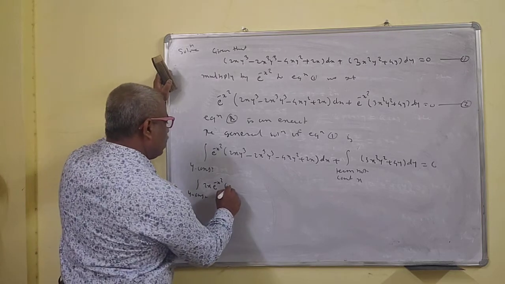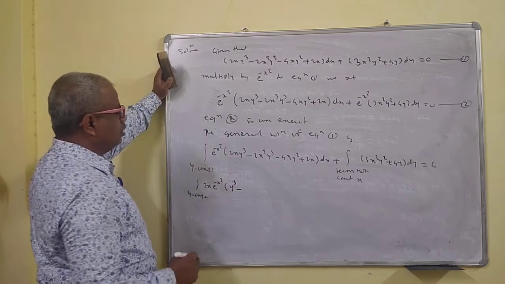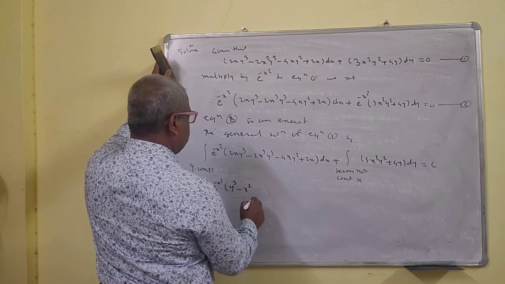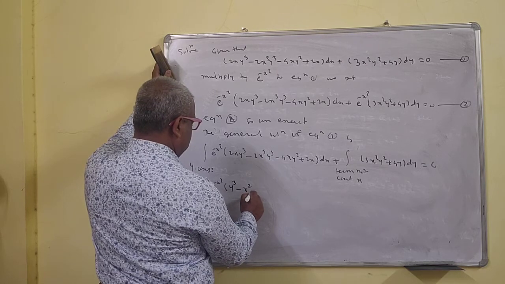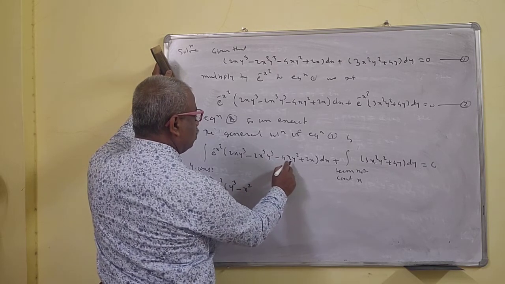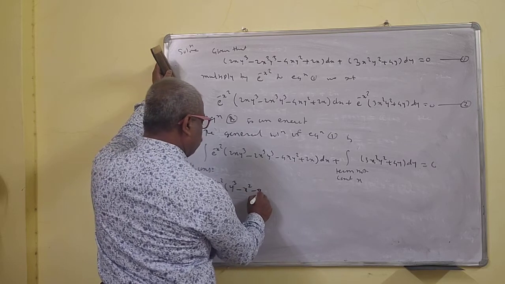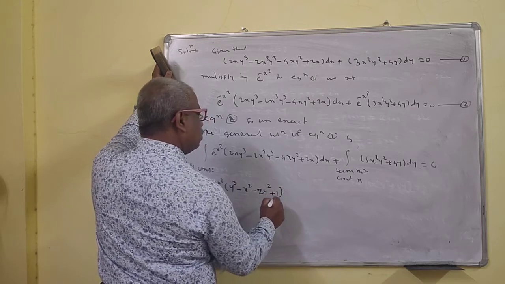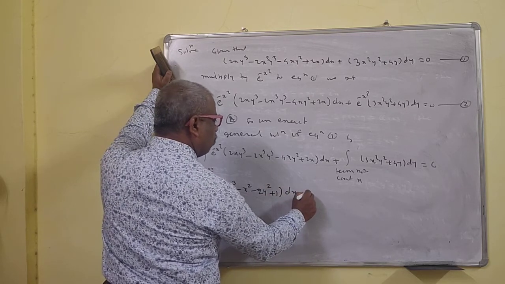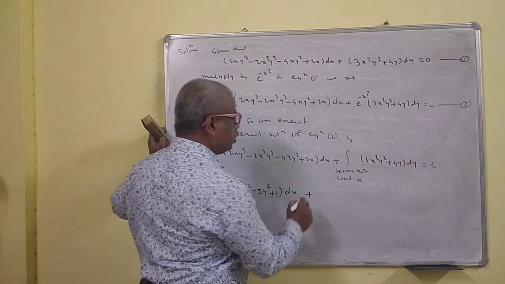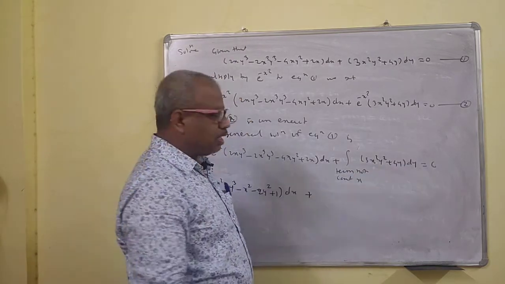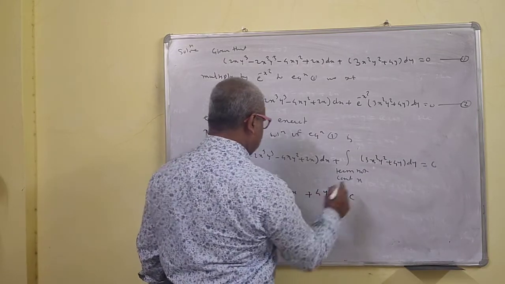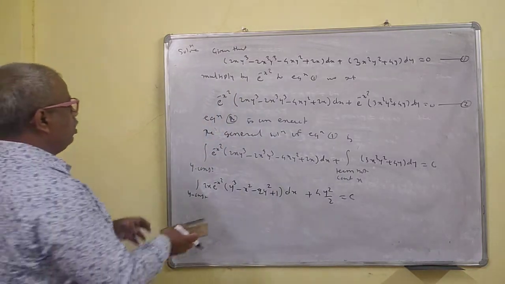So this is y cube minus x square, then minus y square minus 2y square, with twice x taken common, plus 1, dx. Now this term contains x, and this term does not contain x, so we can integrate this: 4y square by 2 is equal to c.